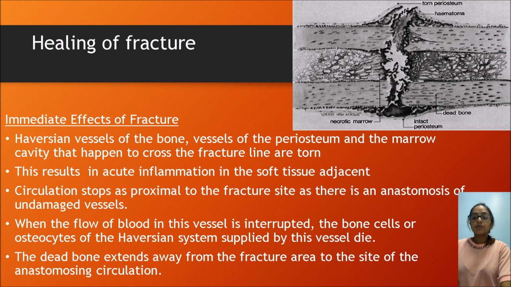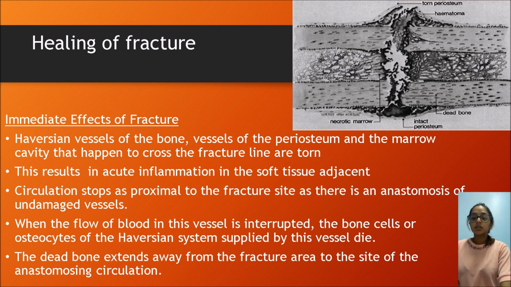So the immediate effects of a fracture would be that the Haversian vessels of the bone, vessels of the periosteum, and the marrow cavity that happen to cross the fracture line will be torn, as seen in the diagram above. This will result in acute inflammation in the adjacent soft tissue. This will cause the circulation to stop proximal to the fracture site, as there is an anastomosis of undamaged vessels.